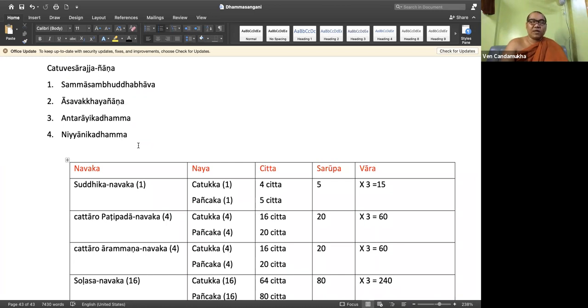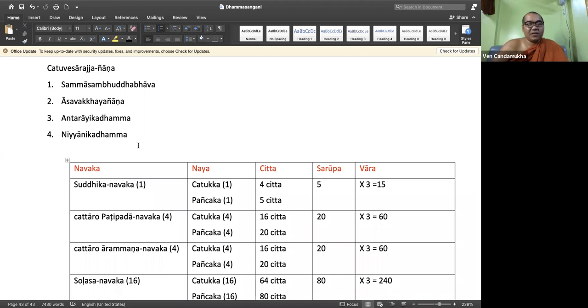Then Asawakaya Jnana, attainment of the destruction of the Asavas, sometimes translated as mental intoxicants, the cessation of the mental intoxicants. And in this regard also, the Buddha is unshakable.